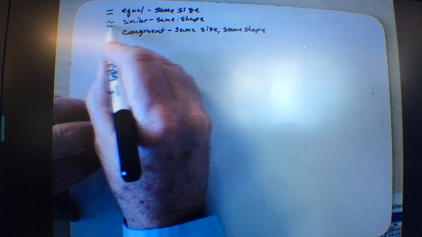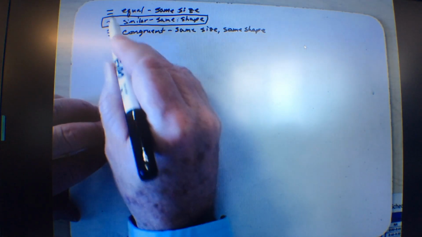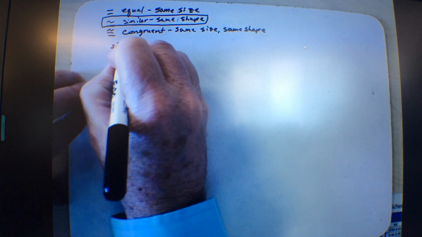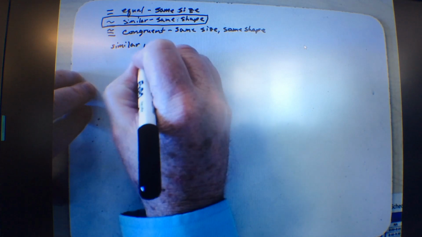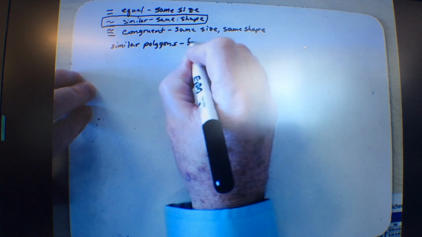All right. So we're going to discuss this one today, but it's nice to know the different figures and what they mean. Similar polygons are formed by dilations.